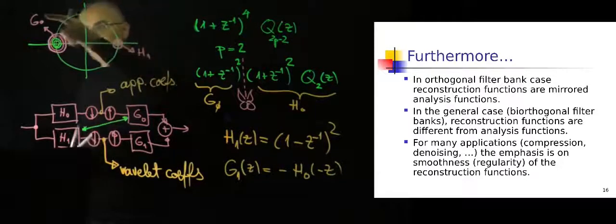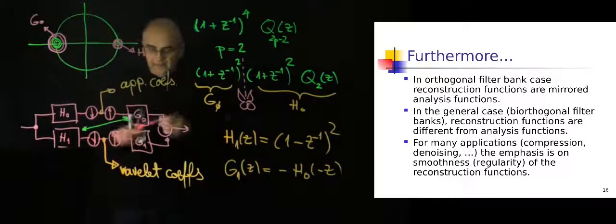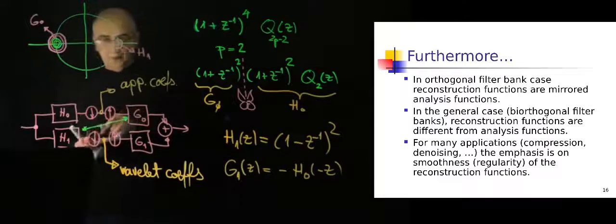So H1 and J0 are in a secret connection, as well as the opposite.